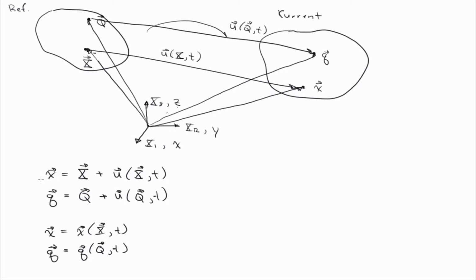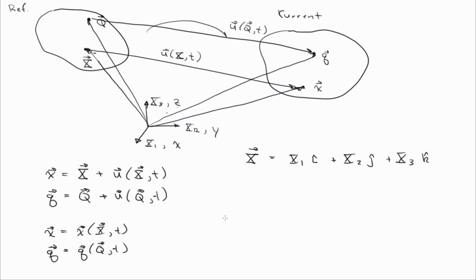I think probably in the 3 minutes left, it'll be useful to just be very explicit about something. When I write big X, it has the components x1, and maybe from undergraduate vectors, you would call that i hat in the direction, plus x2 j hat plus x3 k hat, right?